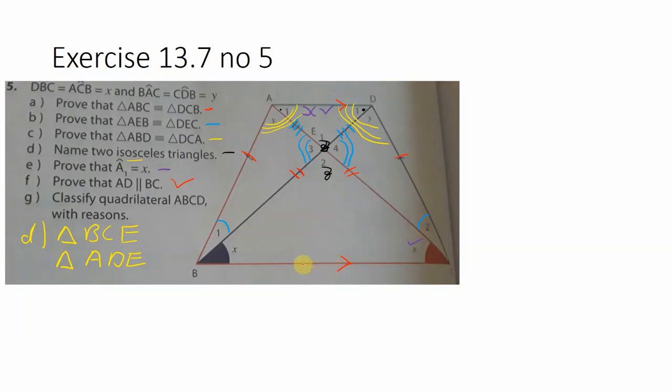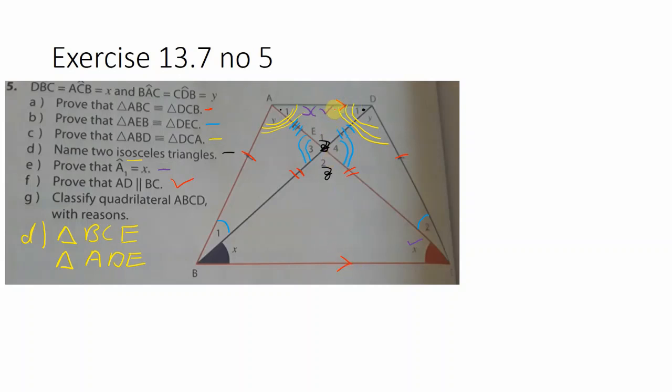And now finally we need to classify quadrilateral A, B, C, D. Well, we know that we have two sides that are equal, and we have a pair of parallel sides.